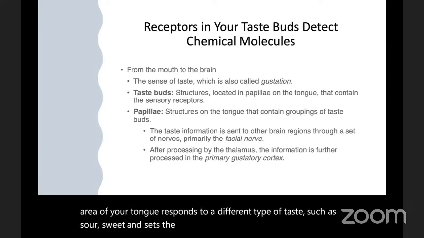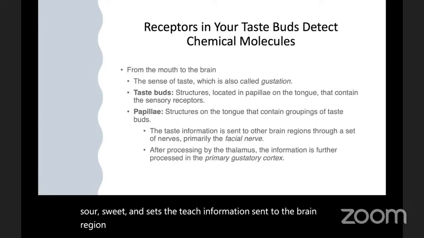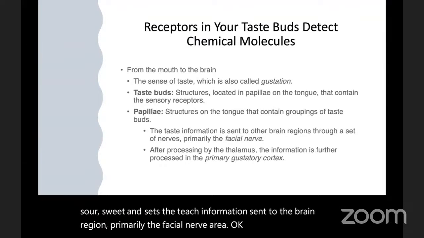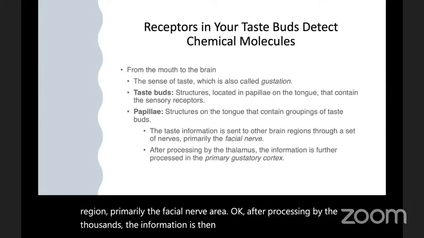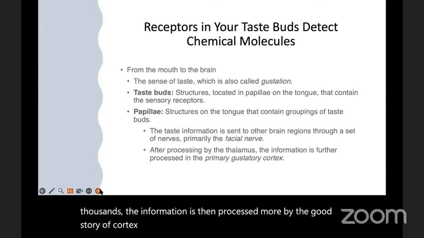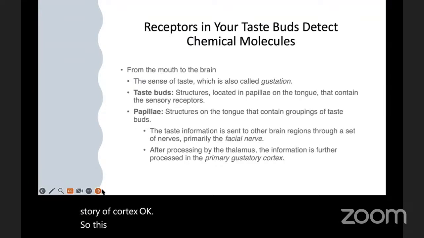The taste information is sent to the brain region, primarily the facial nerve area. After processing by the thalamus, the information is then processed more by the gustatory cortex. So this is just an example of how everything runs through the limbic system.